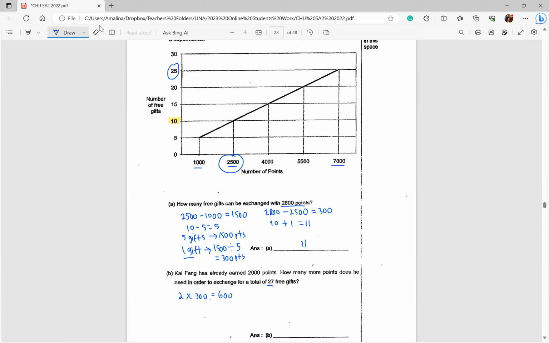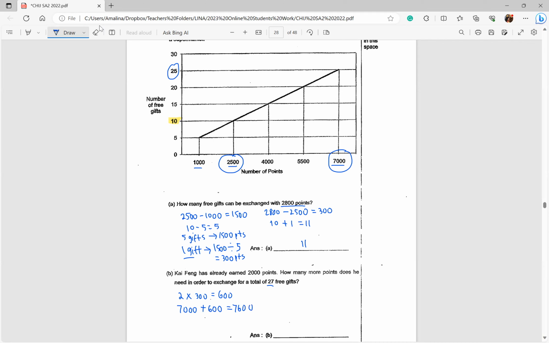So 600 points. Then your 25 free gifts is 7,000 points. So the total points you require is 7,000 plus 600 points, which is 7,600.